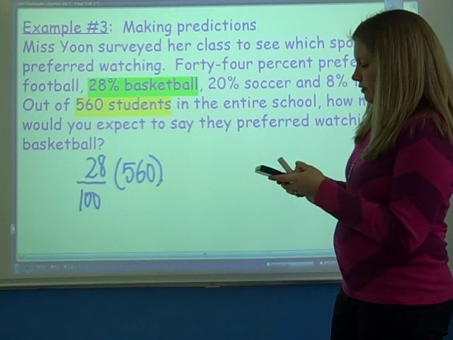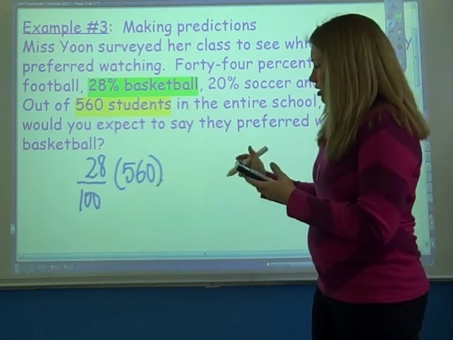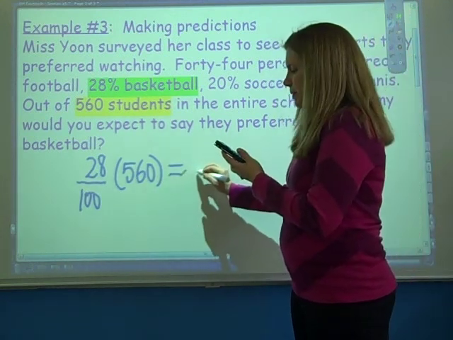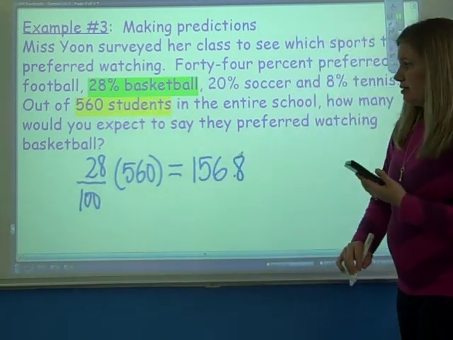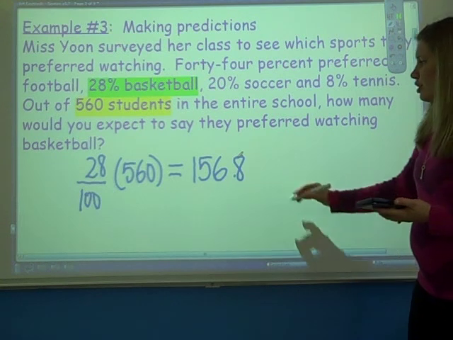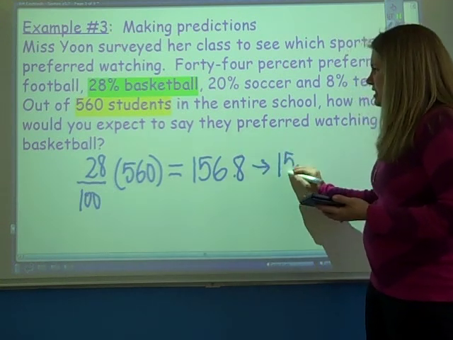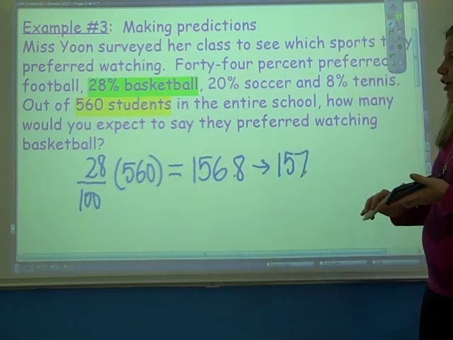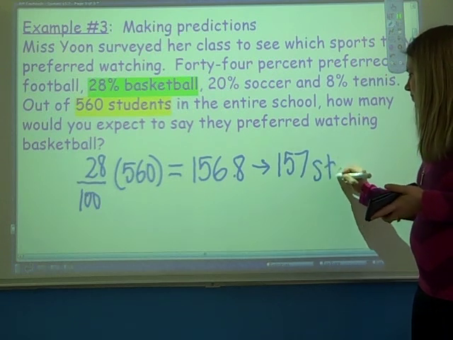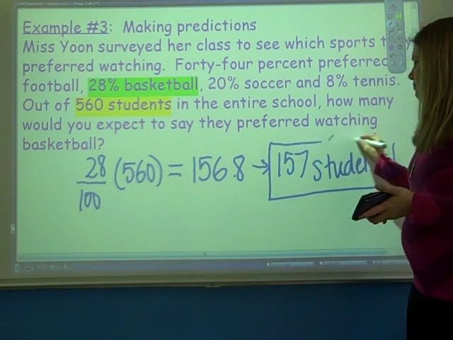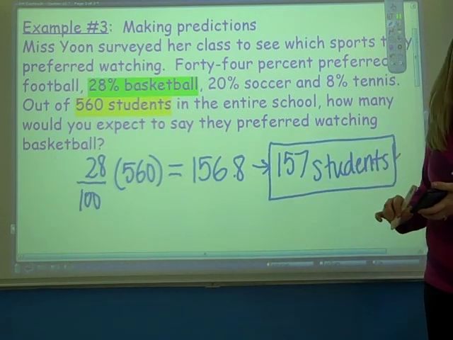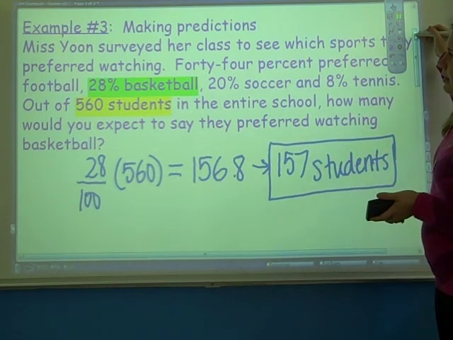We would expect, well, when you multiply this, you get this, and you can't write part of a person. So we would expect 157 students to say that they prefer basketball. Okay? We'll try one more, and then we're done for today.